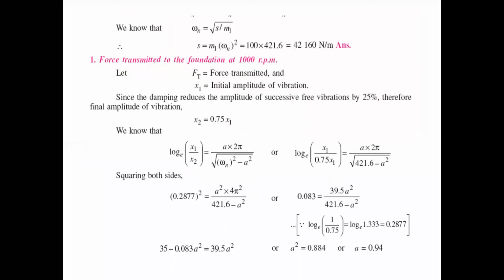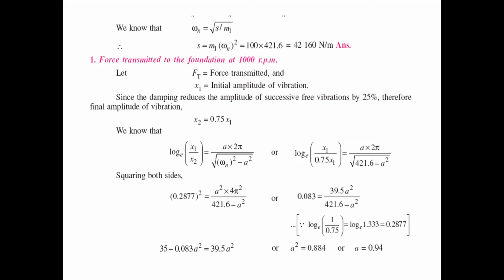Now we know the formula omega n equals square root of s by m1, because that is the mass here. S is unknown, so I have to calculate the s value.